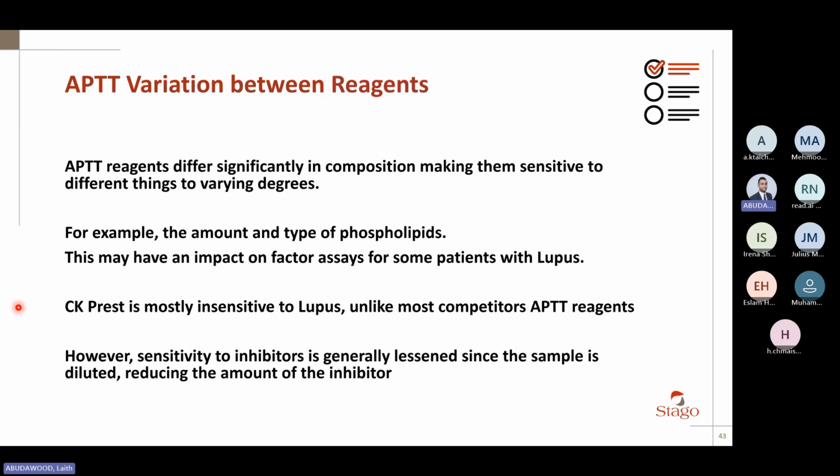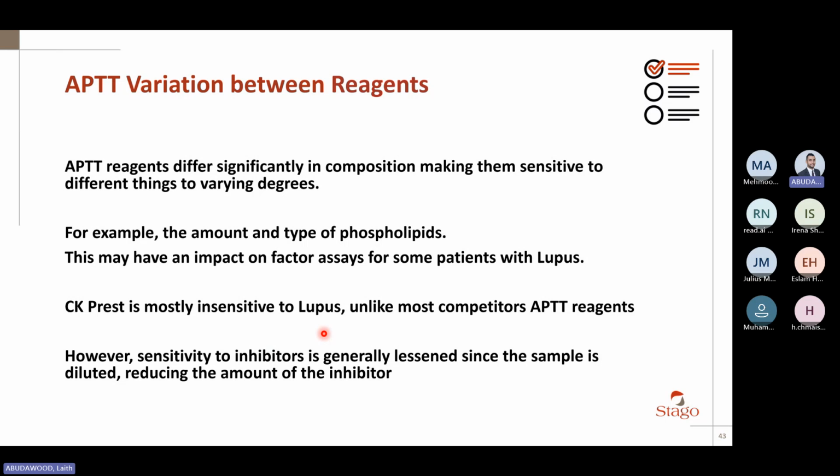So these three points, okay? Now, CK-Prest, since it's used with factor 8 and factor 9, which are the most commonly requested, is almost insensitive to lupus, which is a great point for CK-Prest, as you will see soon, all right?